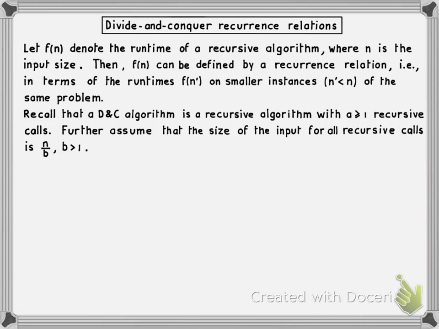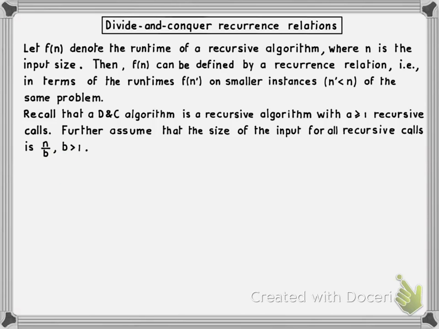So again, there are two assumptions here. First of all, all of the recursive calls must be made on problem instances of the same size. And notice that was true of all the previous algorithms. That size was basically half of the original size. And the second observation is that not only are the subproblems smaller, but their size is defined as a fraction of the original size. They're not defined in terms of n minus 1 or n minus 2, which would be fine, but in a divide and conquer paradigm, the assumption is that the size of the smaller problems is a fraction n over b.